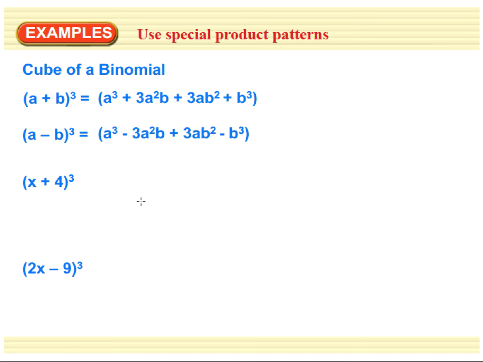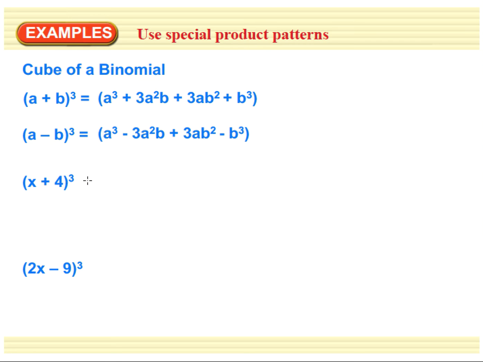Okay, we have a couple special patterns here. If we have 2 terms, a plus b cubed, we're going to follow this pattern, where a is the first term, b is the second term, and it has to fit this pattern when we're all done. A minus b cubed, a is the first term, b is the second term. Follow this pattern here. Okay?